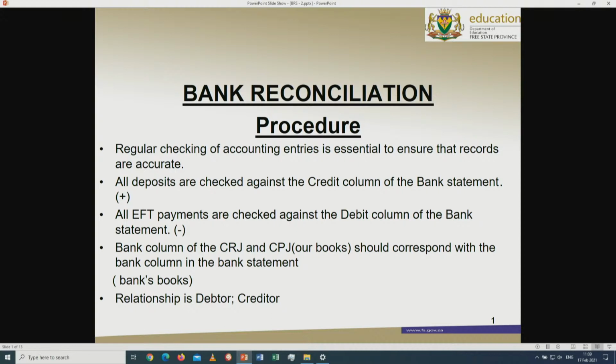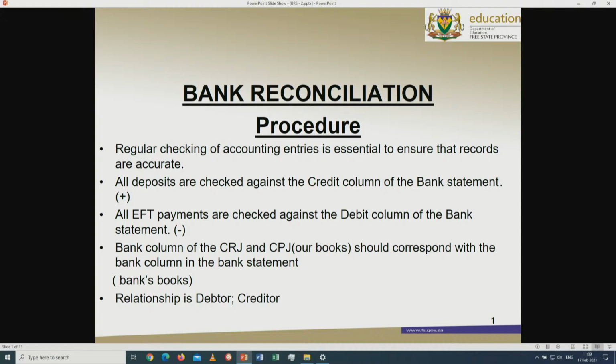Sometimes they are indicated in one balance column. Next to each and every amount, there will be a sign there. So a plus sign will go hand in hand with our amounts in the cash receipts journal. All EFT payments are checked against the debit column of the bank statement.